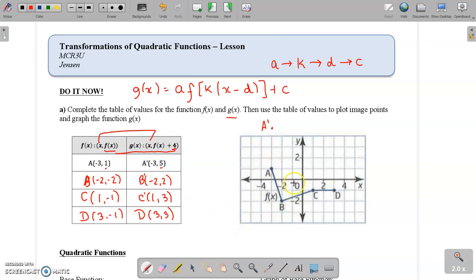And then your B would be -2, 2. Okay, so pause the video and plot it. I will do the same. Alright, so you should compare your graph to the graph I drew here. And it's simply the same shape, but shifted upwards 4 units. That's why we have the +4.